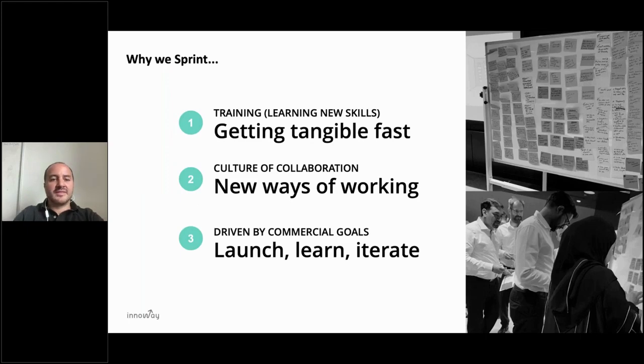Well, first of all, you need to understand that the design sprint goes beyond just the practical approach of 1 week of fast experimentation, testing, and validation. You can get tangible results fast.